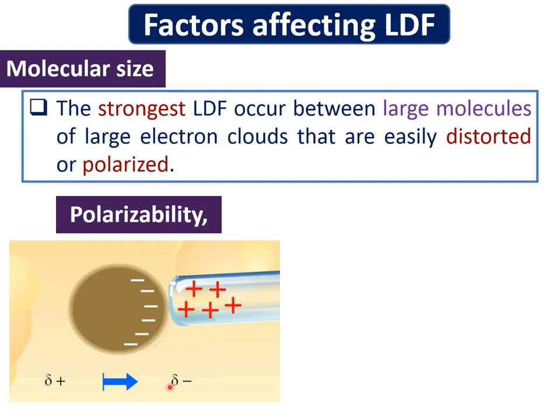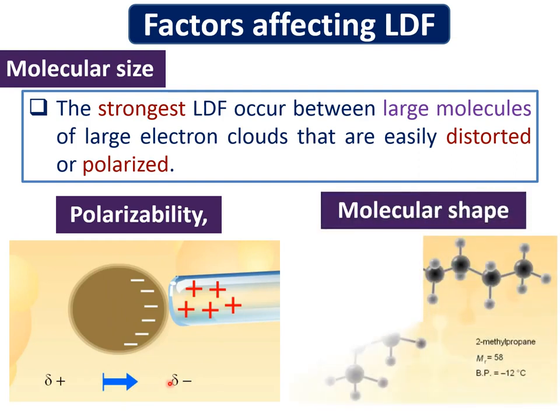Also, the molecular shape. Look at these two molecules. This is normal butane, and this is 2-methyl propane.